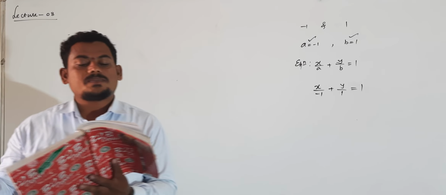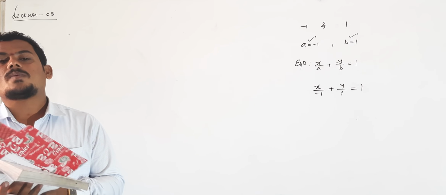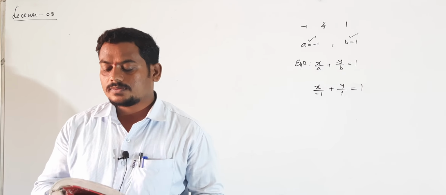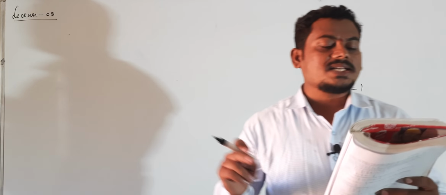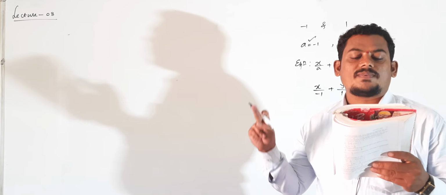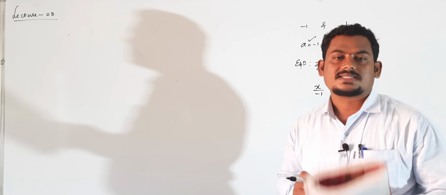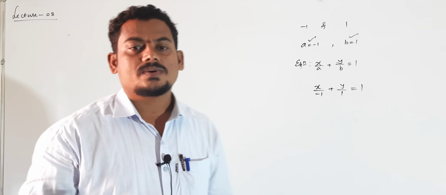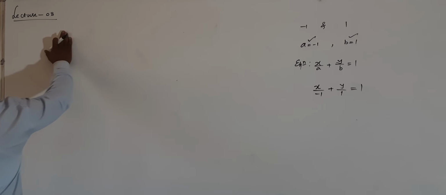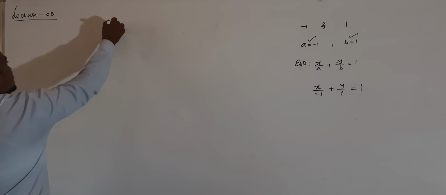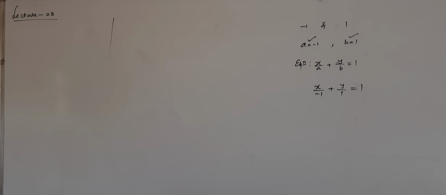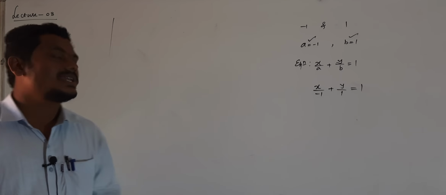Find the equation of the line passing through -3, 5 and perpendicular to the line through the points 2, 5 and -3, 6. This is the given question. Suppose this is our required line, means we need to find equation of this line.